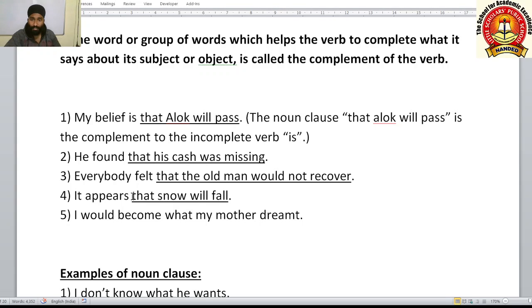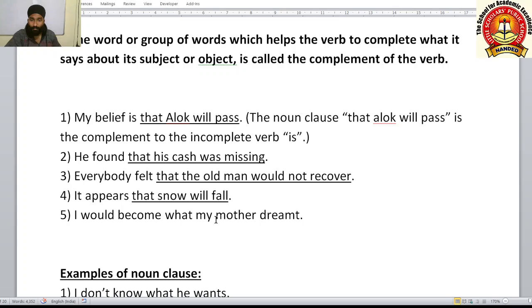It appears, what appears? That snow will fall. If you say only "it appears," it sounds incomplete, because you are not telling what is appearing. So this is the complement to the verb of incomplete predication, appears.